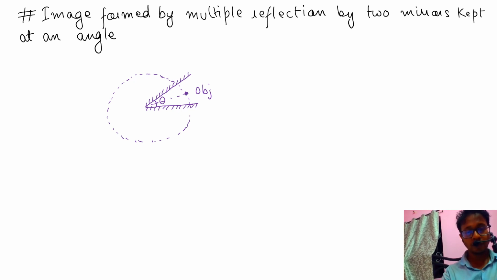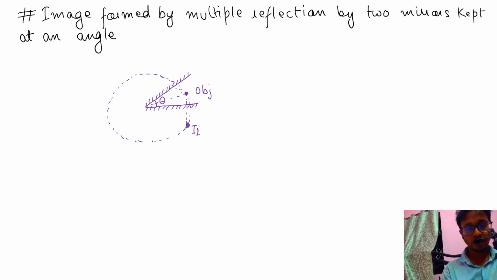Where will the image of this object be formed? Somewhere around this line, no? So image 1. Now this object will be reflected out here also. So this image will be formed somewhere out here.